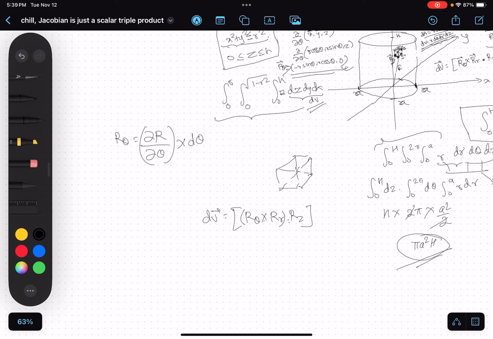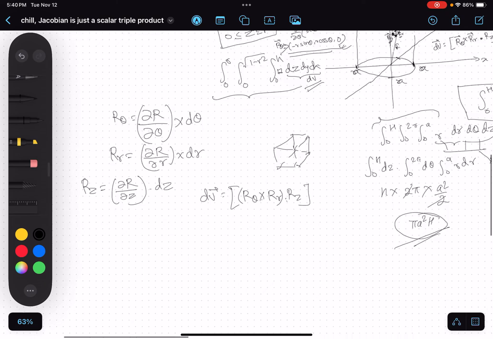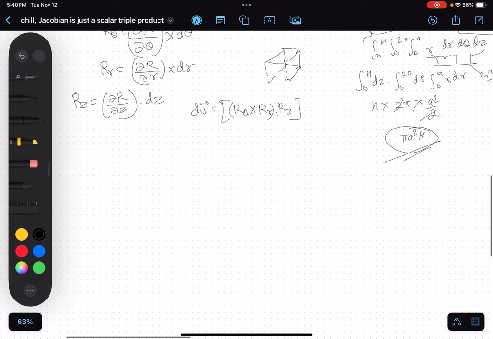Again, just like that, the change in r due to r is the rate of change of r with respect to r times the actual change in r. Similarly, the change in r due to z is the rate of change of r with respect to z, which is the partial rate of change, times dz, right? So now I can write dv.